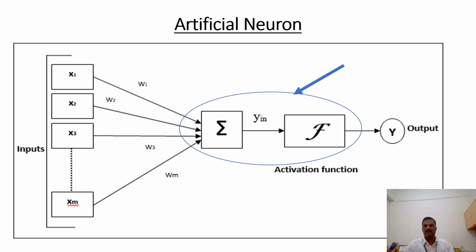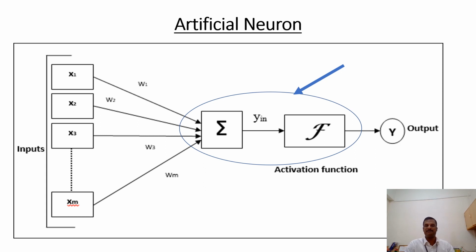Now this output of the summation block is called the net value, which is indicated in this slide as Yin. This net value is again given to the activation function block. It is a function block, but technically speaking, it is called the activation function block. Once this activation function block is initiated, you are going to get the output. This is the structural arrangement of your artificial neuron.